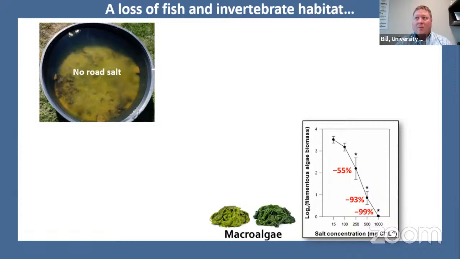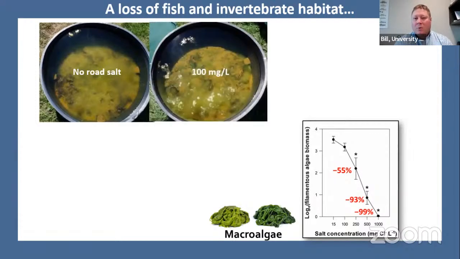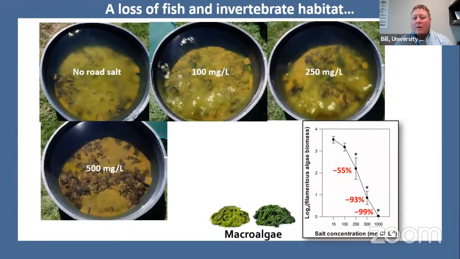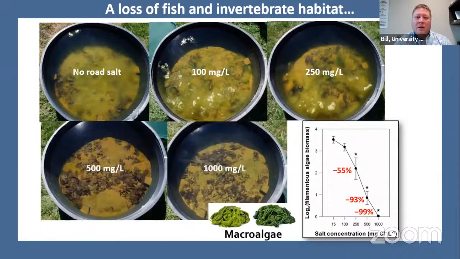And you think about where you might like to fish for bass or shoreline fishes, right? It's in the weed bed, so to speak, which I would call macrophyte beds, and they're critically important habitats. But when we expose this freshwater charophyte to different concentrations of salts, this being sodium chloride rock salt, we notice a pretty precipitous decline in the biomass of this filamentous algae.